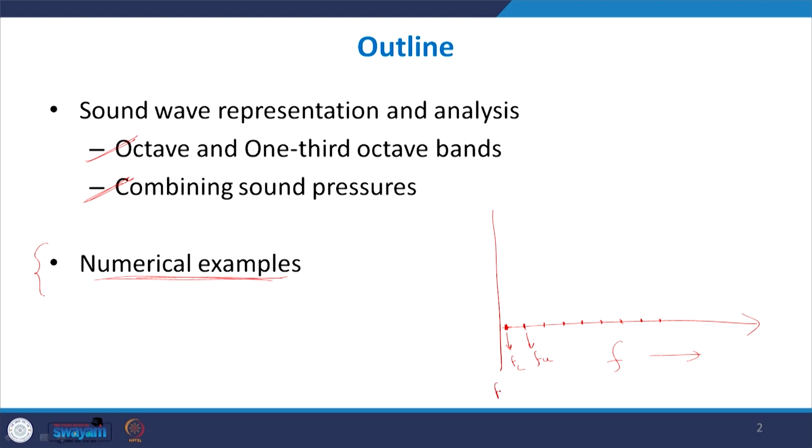The difference between the upper and lower frequency gives the net width of the band, which is called the bandwidth. So different bands are obtained, and the intensity distribution can be studied over these fixed bands. It's sort of like a histogram kind of graph. This increases the computation time, so we study it by digitizing the frequency scale.